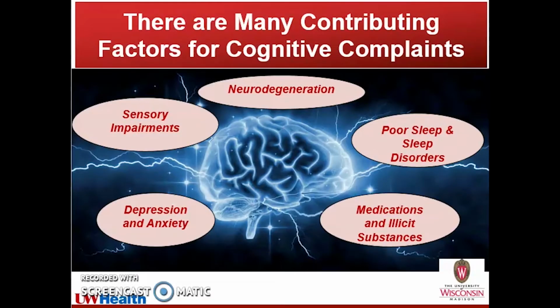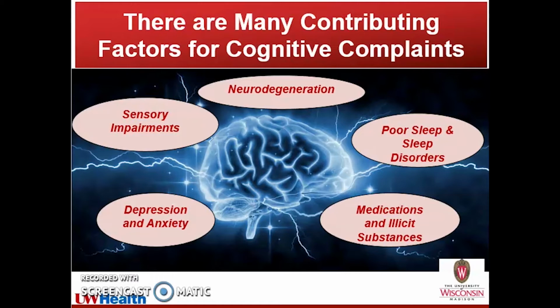When we have a suspicion that a person has either mild cognitive impairment or dementia, it's valuable that we organize the possible etiologies. We know now that many sensory factors can interfere. Depression and anxiety can confound a person's ability to learn and remember and can produce a pseudo-dementia, if you will.